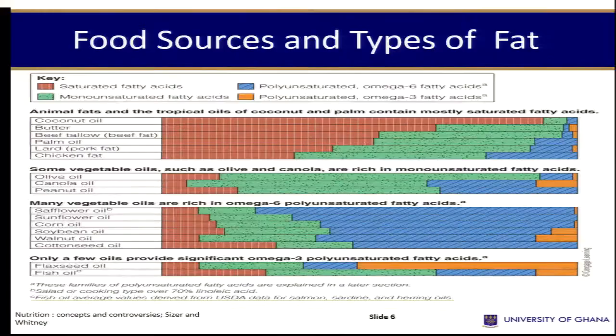Yes, the diagram you see on the screen shows different types of fats that we have and the types of fatty acids that we have, mono or poly. This is very, very important. The more unsaturated the fat is, the better it is for us to use. Take a typical example, our palm oil.